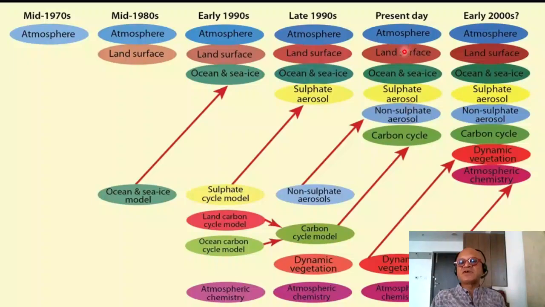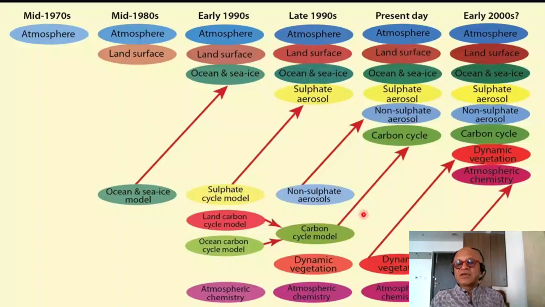We have atmosphere, land surface, ocean, sea ice, sulfate aerosols, non-sulfate aerosols, and carbon cycles coupled. So AR5 already had many models that were called Earth system models as opposed to climate models, because they were doing carbon cycle, and many of them also had carbon cycle feedback.